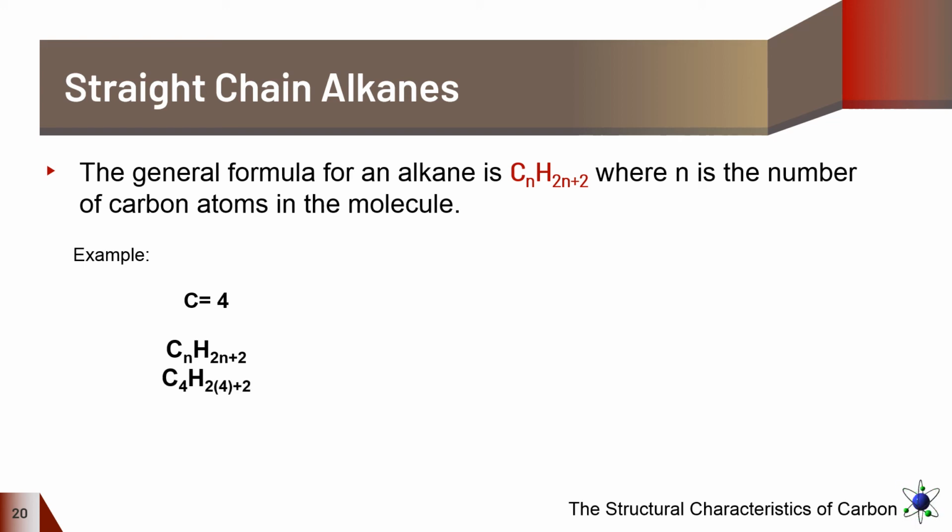Therefore, we can have C4H(2 times 4 plus 2). In order to solve that, let us first have C4H8. We arrive at 8 because we multiply 2 times 4, then adding it to 2. Simplifying the equation, we have C4H10. That is how we get the molecular formula of alkanes.